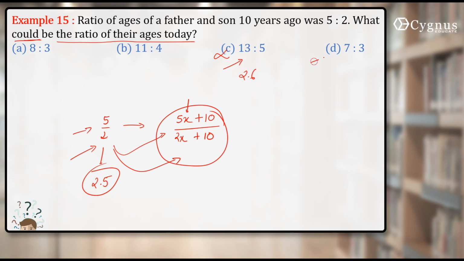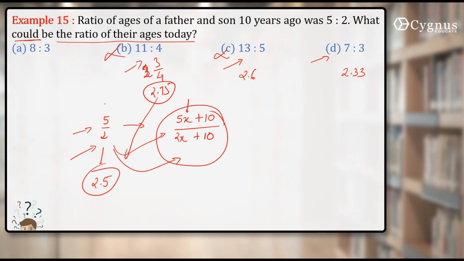Yes or no? What is 7 by 3? 7 divided by 3 will give you 2.333. This can be the ratio of their ages today. What about 11 by 4? 11 by 4 is 2.75, which is more than 2.5.